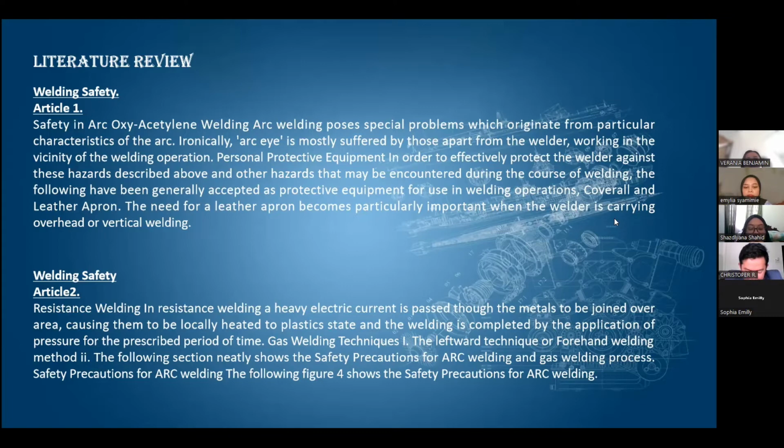The metal that is turned to the top will be heated locally to a plastic state because in welding a heavy electric current will flow. Within the specific time, the welding must be complete with the application of pressure. So I will pass to the next.